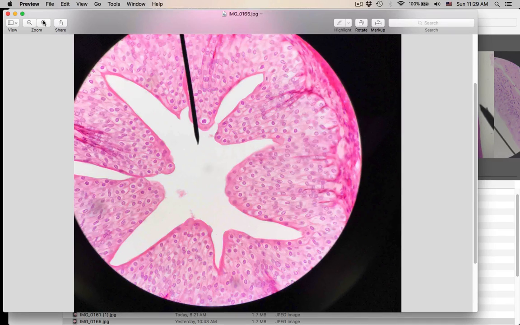And for this one, also write down where could you find this epithelial tissue in your body? So that was number 20.